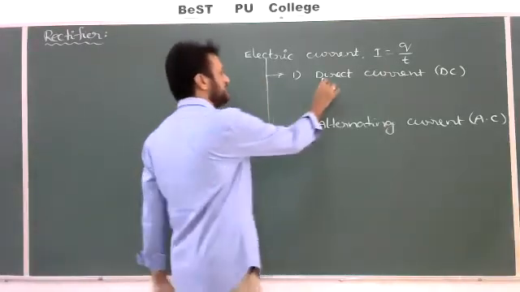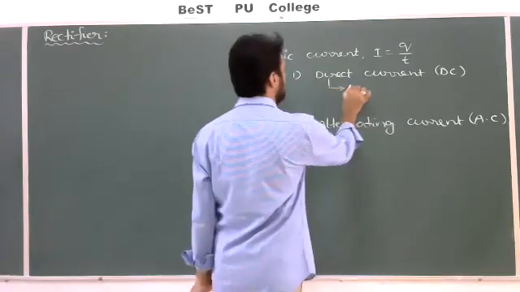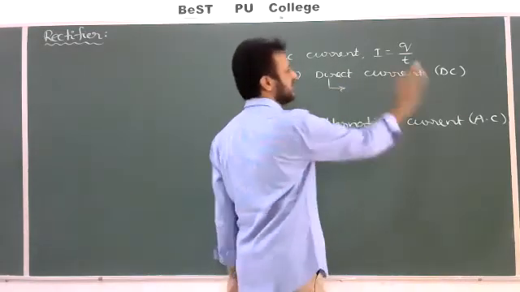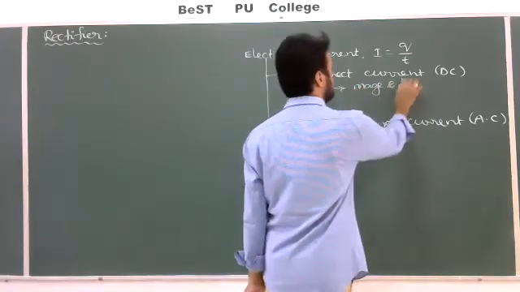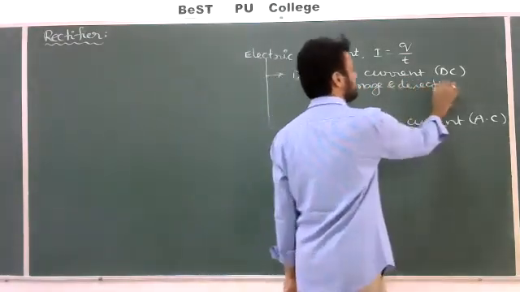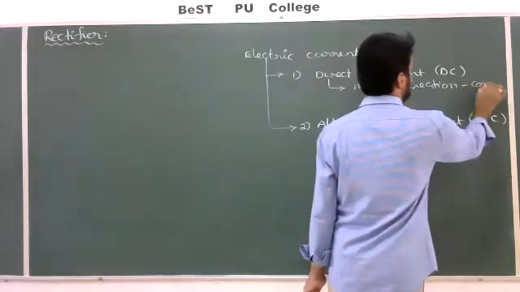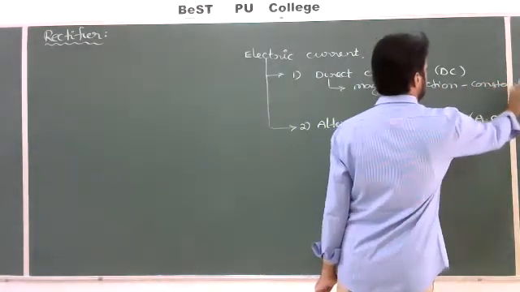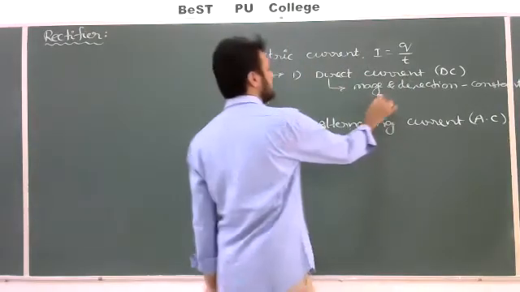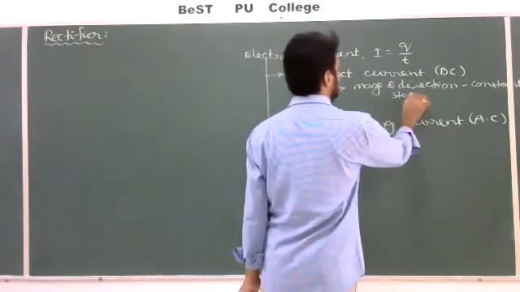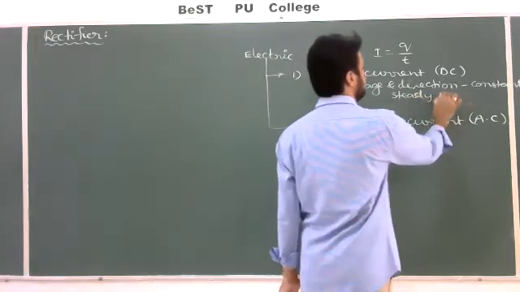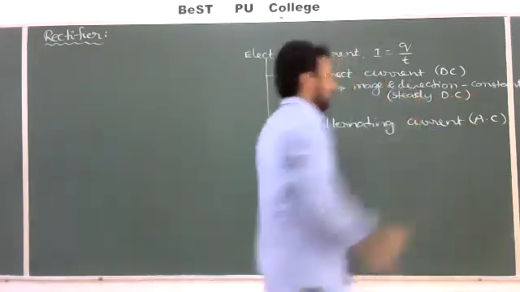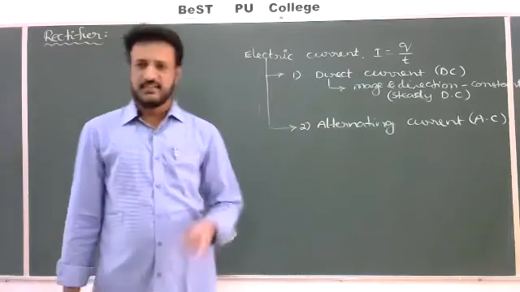A current in which both magnitude and direction are constant, so there will be no change, is called a steady DC. Both magnitude constant, direction constant.